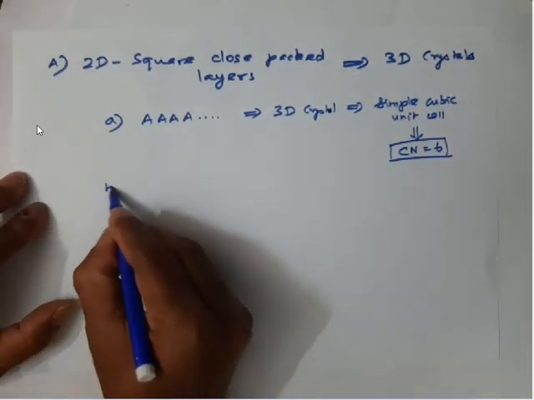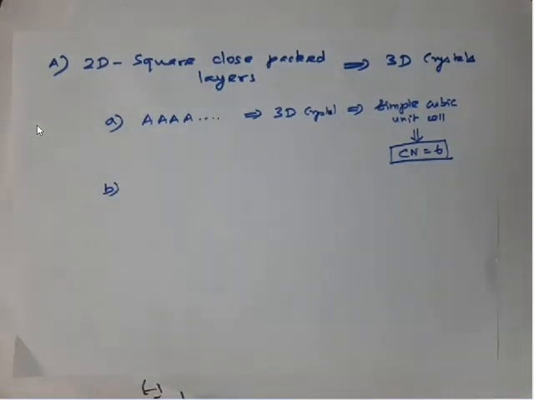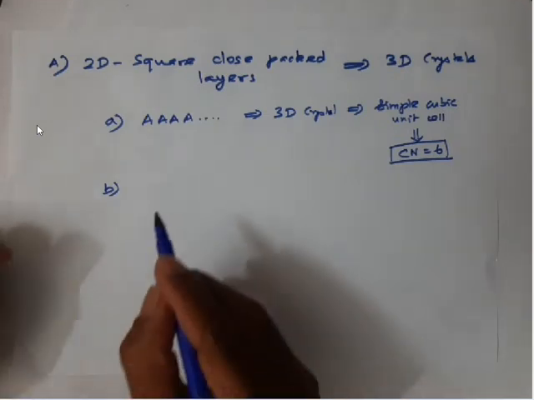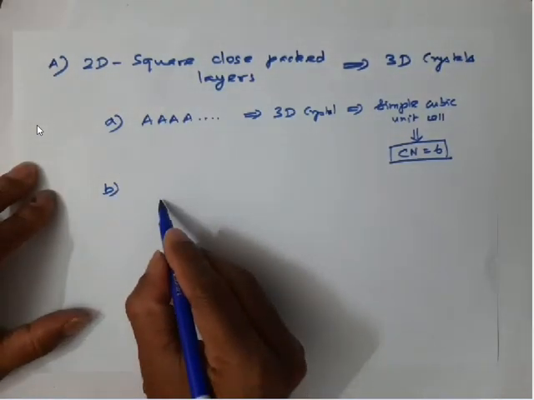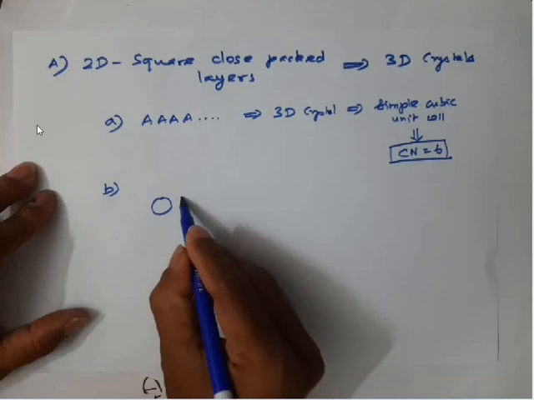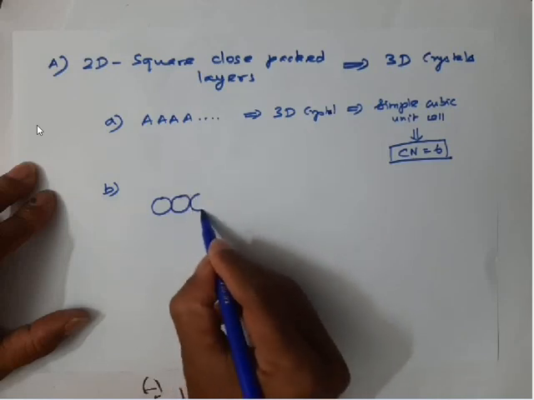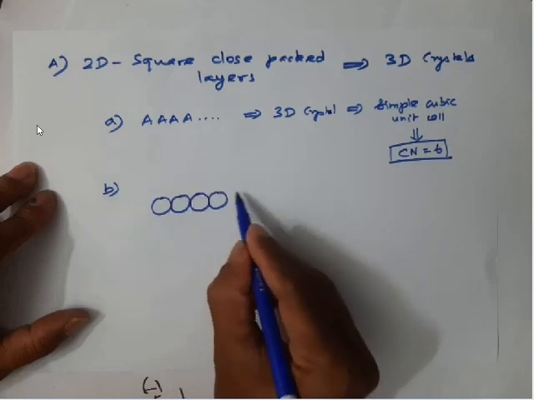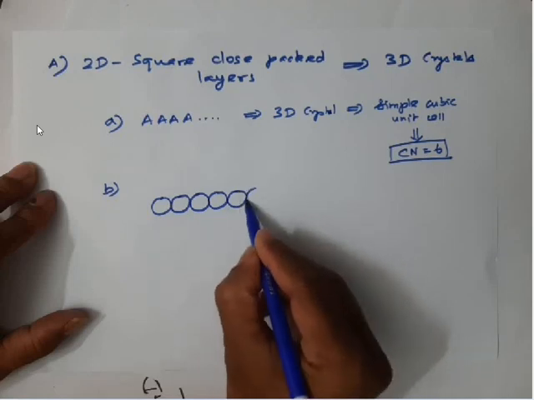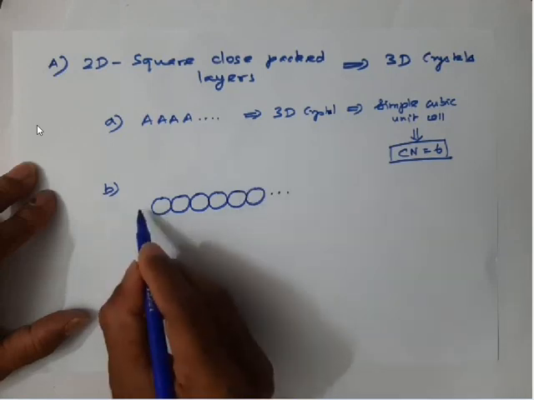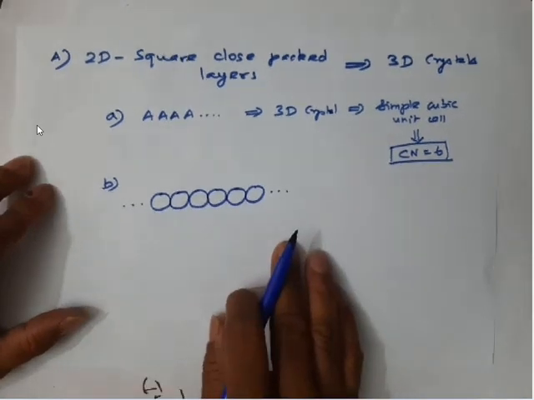And we have one more arrangement here. Listen, suppose you take a two-dimensional square close packed layer. Let me show you a layer here. These are all identical atoms. Just for understanding purposes, I'll take a crystal with identical atoms.